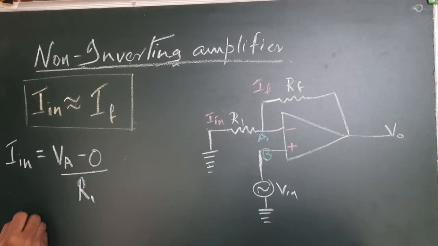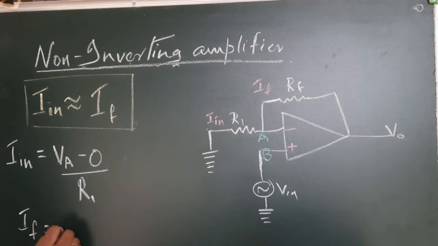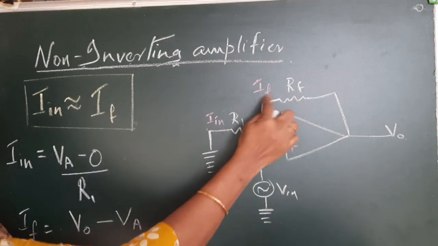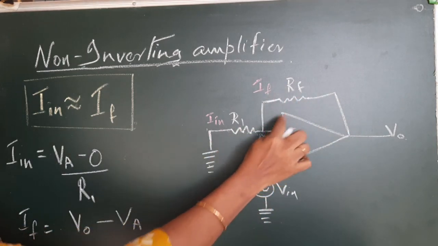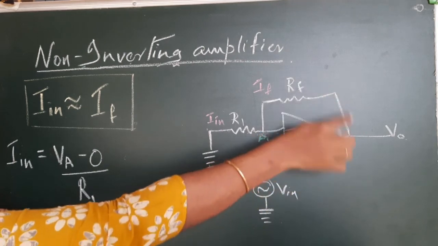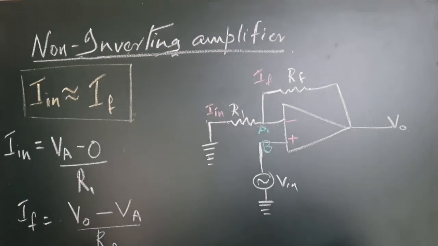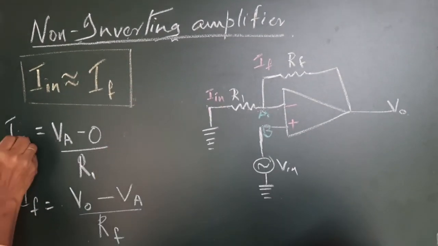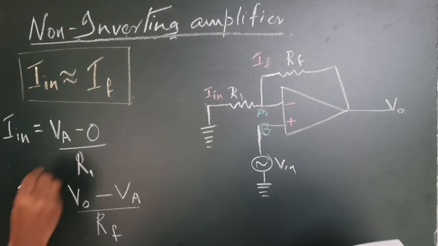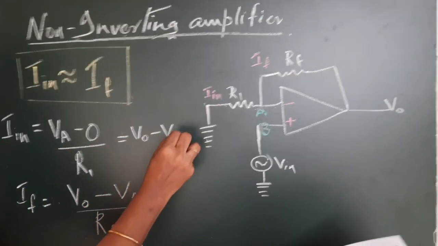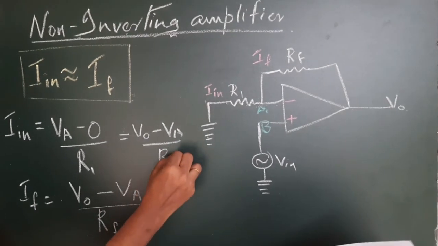So what is IF? IF is equal to V out minus VA, divided by RF. VA is the potential at this end, and V out is the potential at the other end of RF. So let us equate it because I in equals IF. So VA by R1 is equal to V out minus VA by RF.